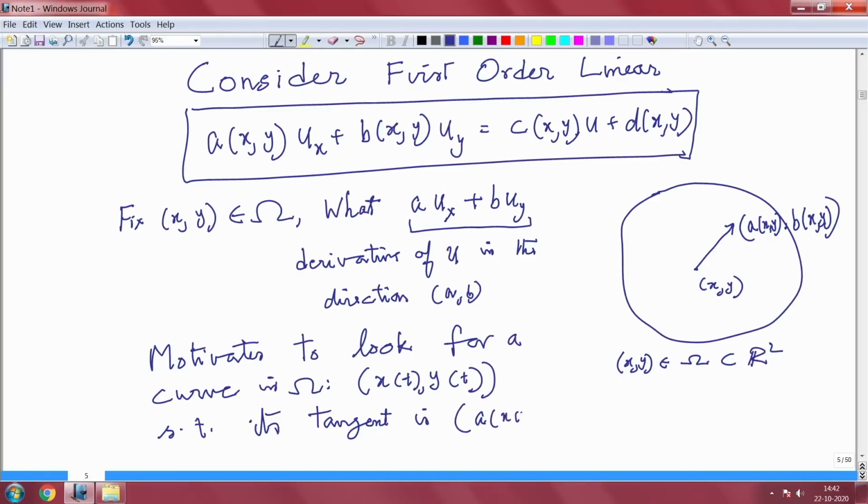So, let me go to the next page and explain (x(t), y(t)).